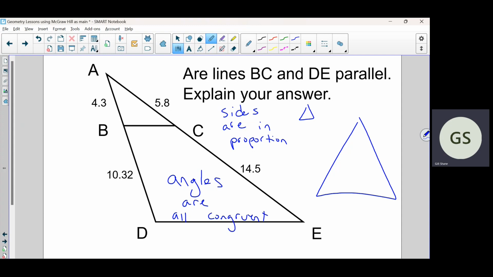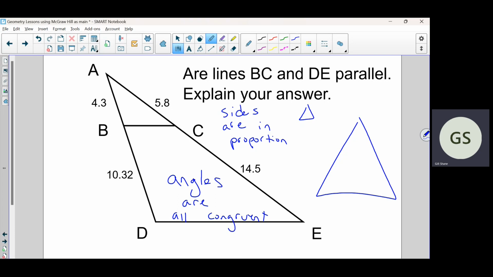So here's the mistake a lot of people made on the quiz. That's why I'm going back over this. A lot of people said side so-and-so is congruent to side so-and-so. That is not accurate. I mean, wrong. Does this side look like it could possibly be the same length as that side? No. I let that slip if you did it maybe once in one of your explanations.